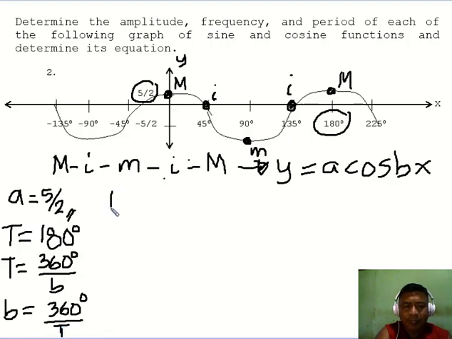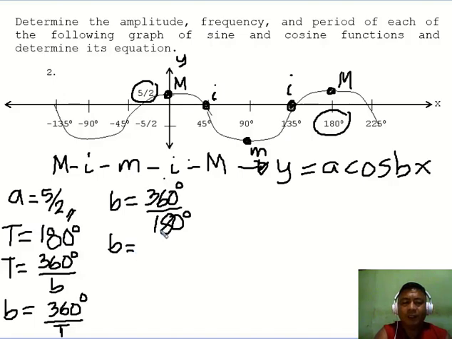So let's solve. B is simply equal to 360 degrees divided by what is our period T? It is simply 180 degrees. So B is equal to 360 divided by 180, which is simply equal to 2, since 2 times 180 is 360.